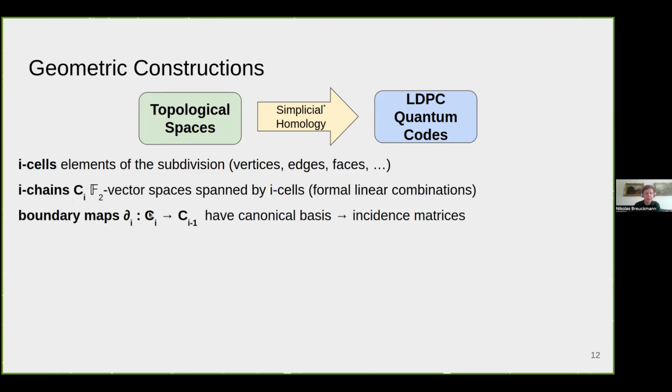I can take an i-chain and map it onto an (i-1)-chain. I will explain how this boundary map works in a minute. Let me just say I write this as a map, but actually, since we have a distinguished basis, I will always consider them to be matrices. I hope I don't offend too many mathematicians in the audience if I swap between these two things back and forth. These are just incidence matrices between the cells.